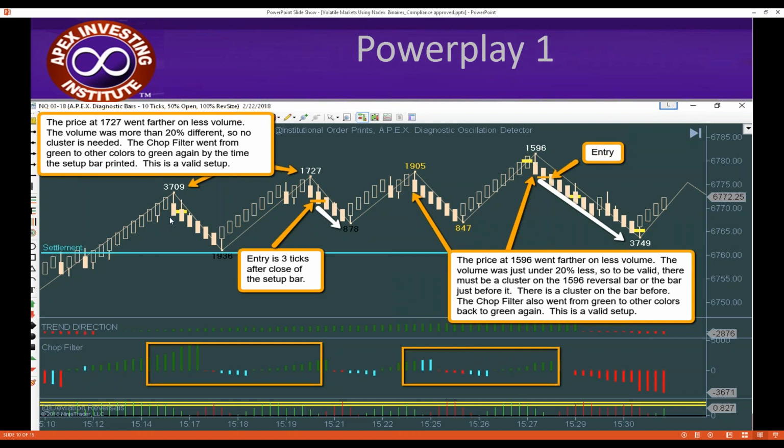For example, let's look at both of these entries, but let's look at this one right here as a quick example. Or even this one. Notice the market came up here on 3709, right? That was the total volume in this trend up. Then the market pulled back. And it wasn't just a 1 or 2 bar pullback.